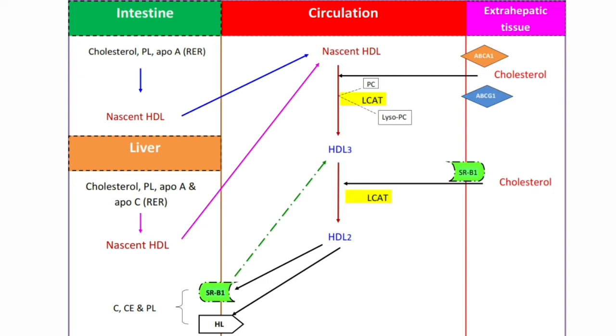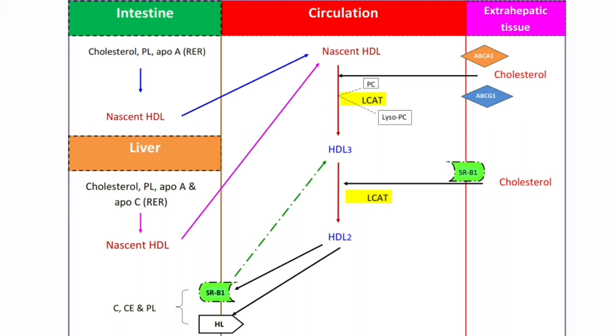Coming to the function of ABCG1, this transporter mediates the transport of cholesterol from cells to the HDL, whereas ABCA1 promotes the transport of cholesterol to the pre-beta HDL or ApoA1, which are converted into HDL3 via discoidal HDL.